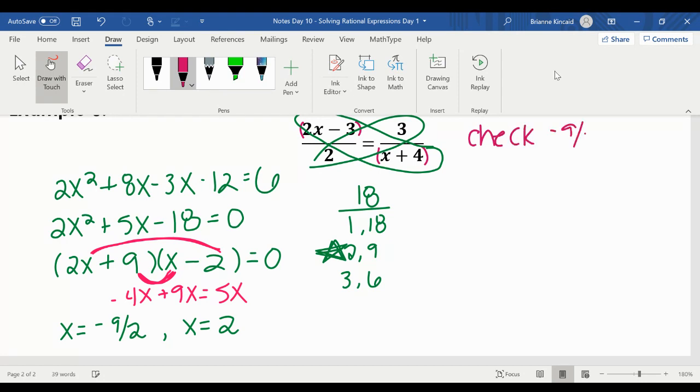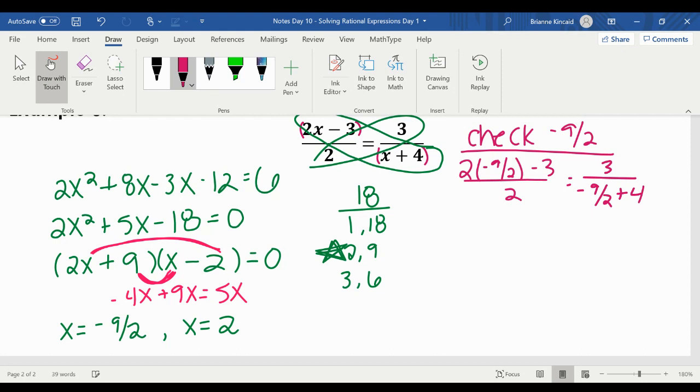So I'm going to check negative 9 over 2. So that's 2 times negative 9 over 2 minus 3 over 2 equals 3 over negative 9 over 2 plus 4. So what I have in my first numerator, 2 times negative 9 over 2 is negative 9, because the 2's cancel.